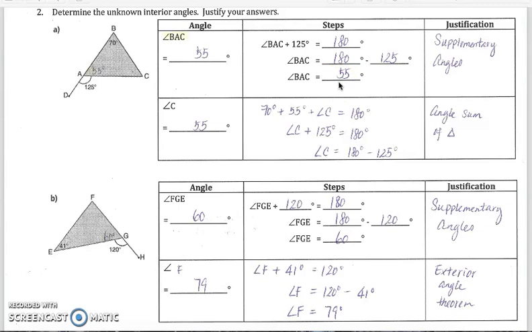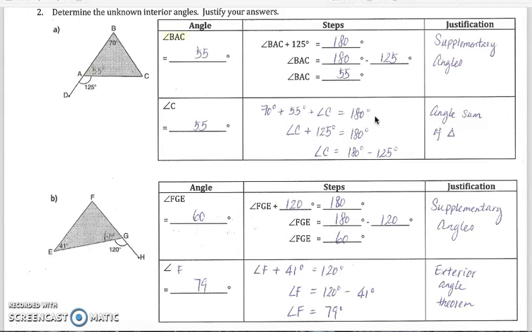Once we know angle BAC is 55 degrees, we have options to find angle C. The most straightforward option for most of us is to see that angle C plus 70 degrees plus 55 degrees make up 180 degrees because of angle sum of triangles.